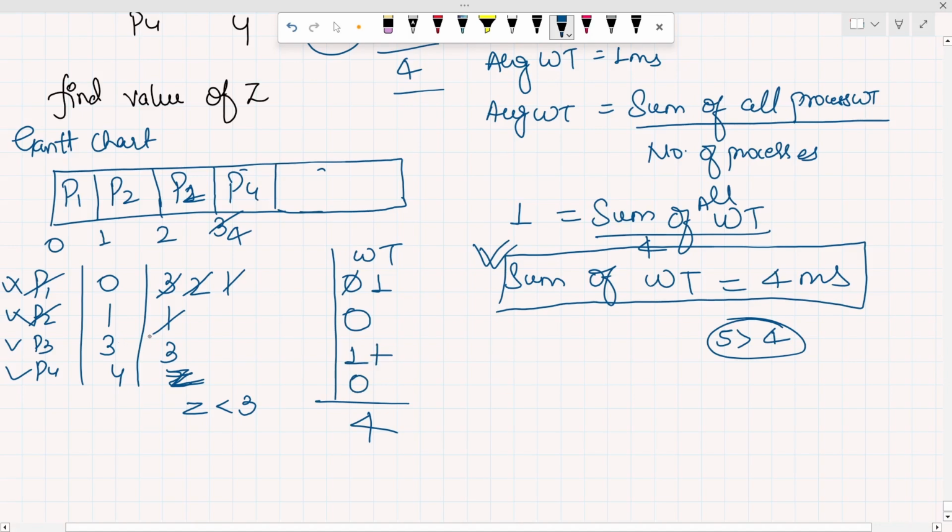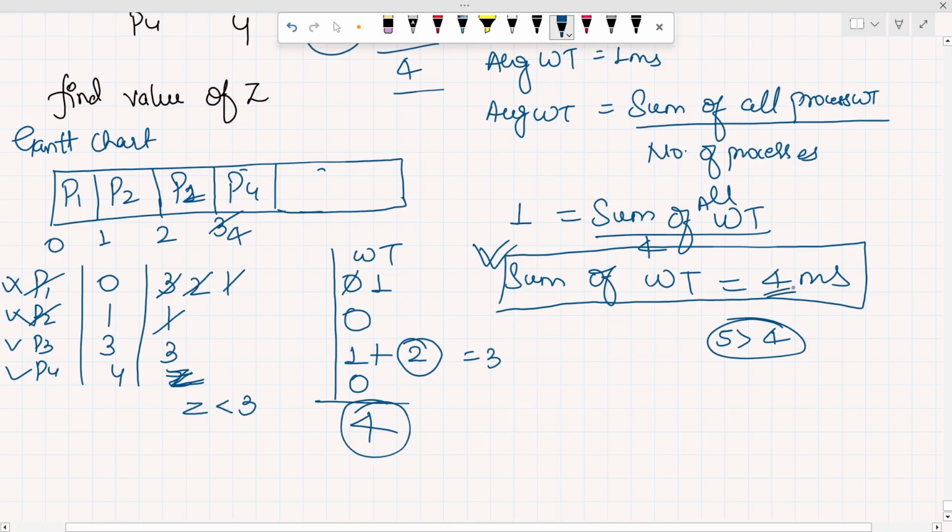The sum of waiting time should be equal to 4. So what time do we add so that we can get a waiting time of 4? If we add 2, we get 3. 3 plus 1 is 4. And we need 4.